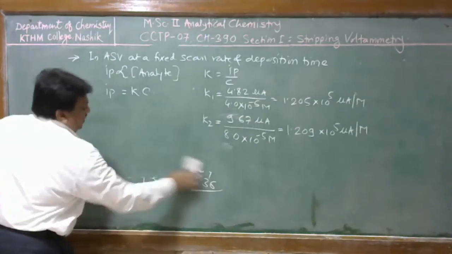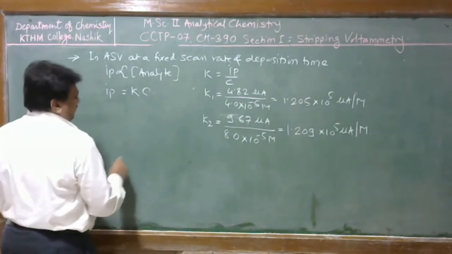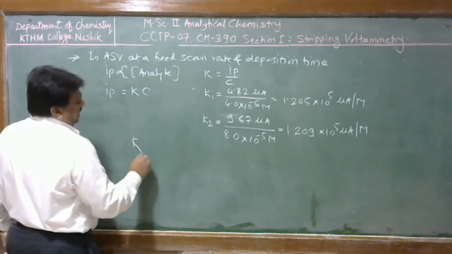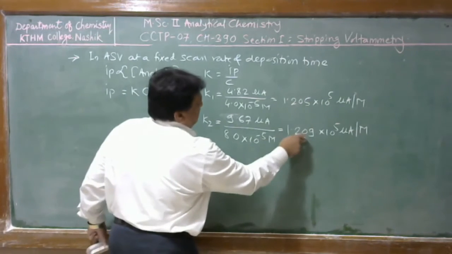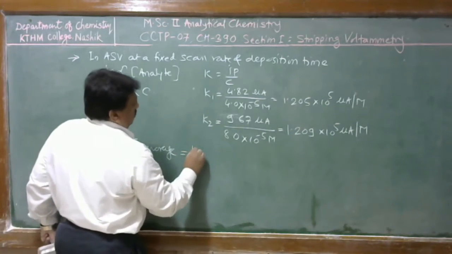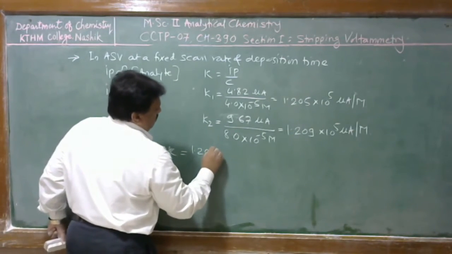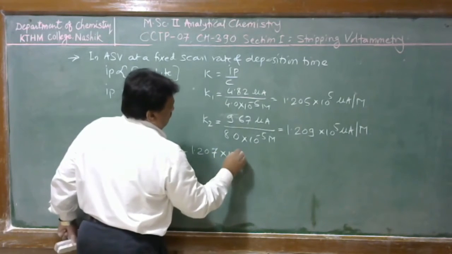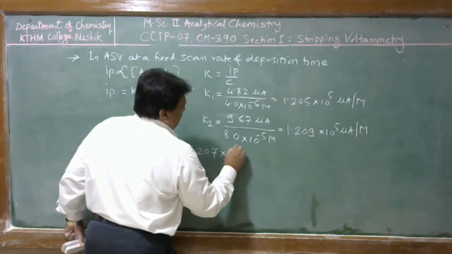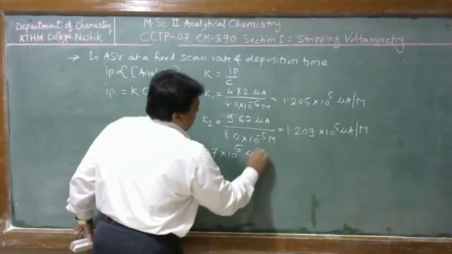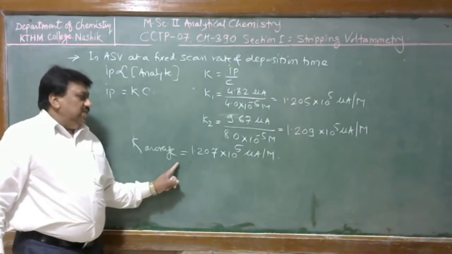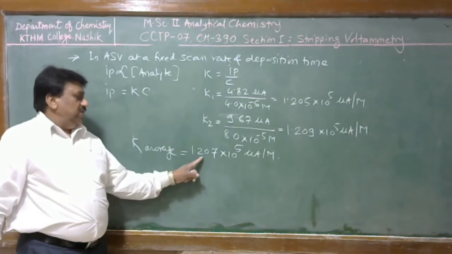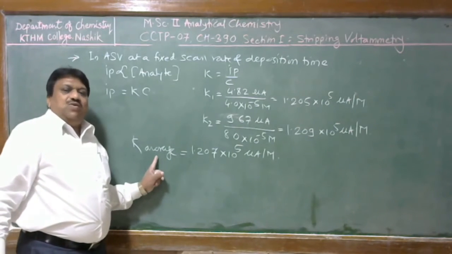If we take an average value of this K, that means this plus this divided by 2, equal to 1.207 into 10 raised to 5 microampere per mole. Now from the standard solution, we have an average value of K.